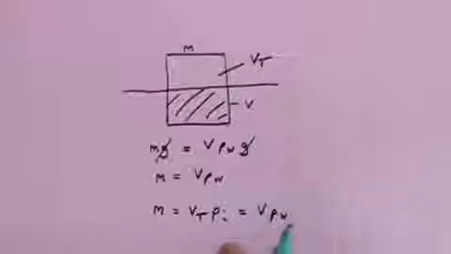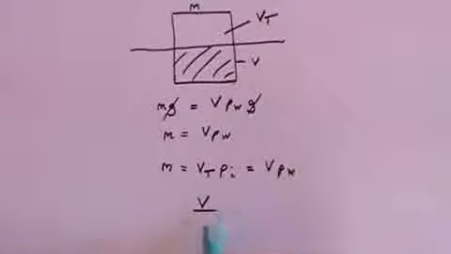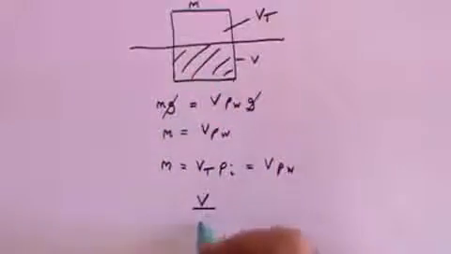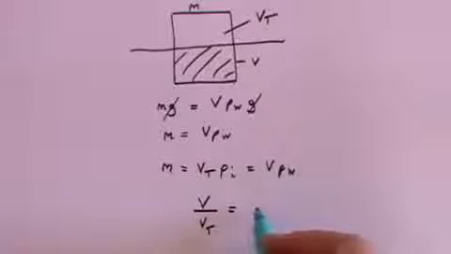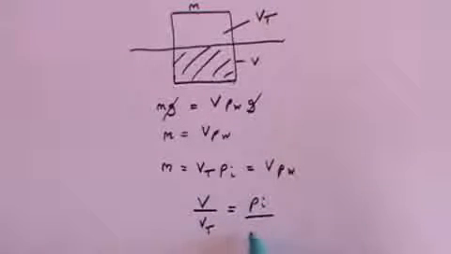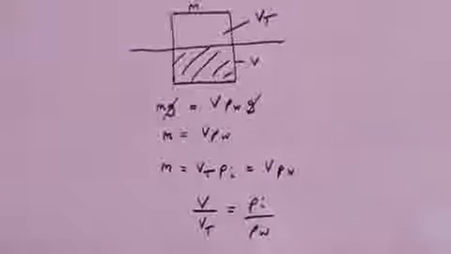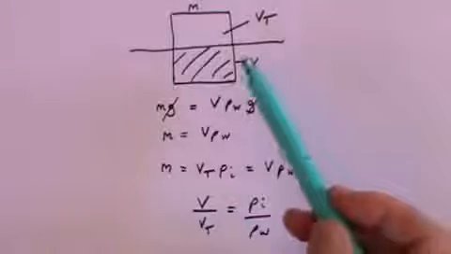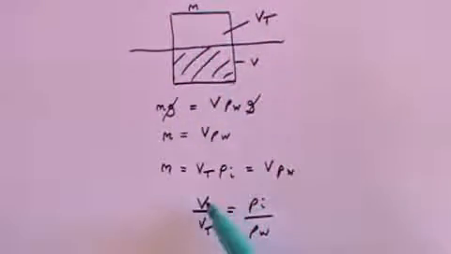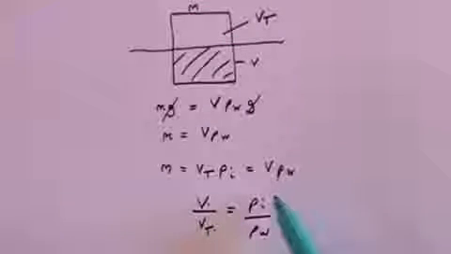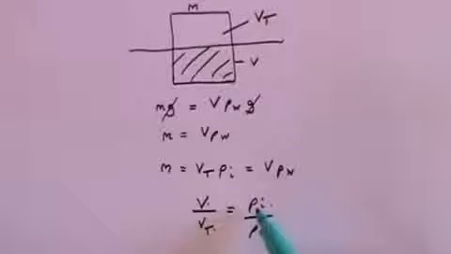And thus we get the equation that V divided by VT, the total volume, is equal to the density of ice divided by the density of water. Since the volume underwater is less than the total volume, the density of ice must be less than the density of water, and that's why ice floats on the water.